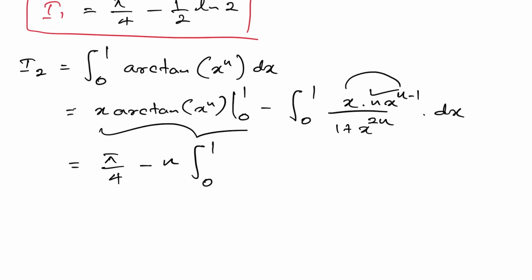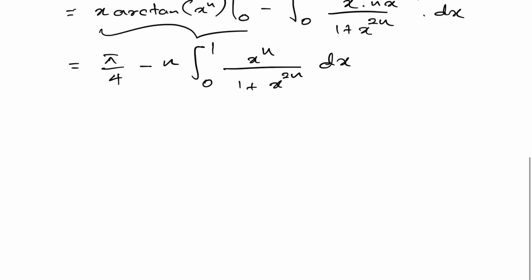Now we can simplify this one. Here x times x to the n minus 1 means x to the n over 1 plus x to the 2n dx. Now here we have a beautiful integral, but I evaluated this one on my channel I think 1 year before. So I will add the link of the solution of this integral in the description, and also make a card.